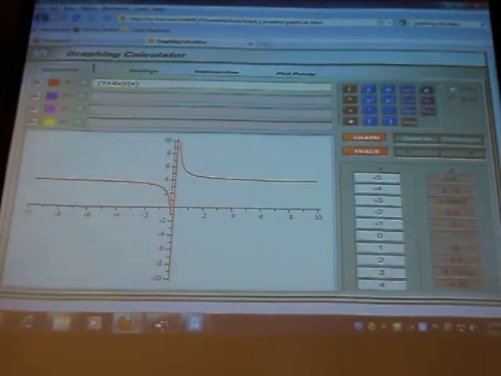Actually, most of these you could just hand the graph. So when y equals 4.